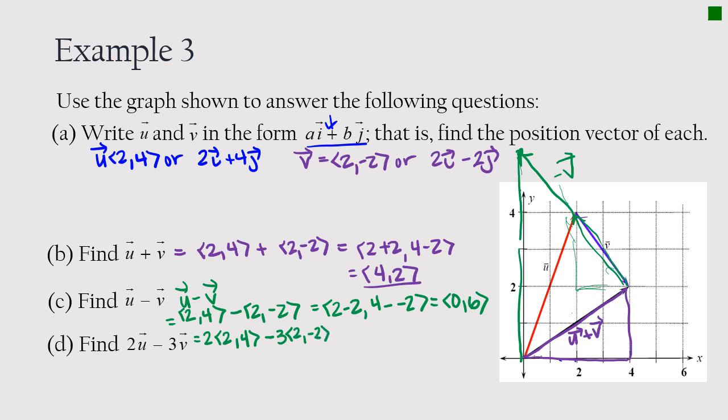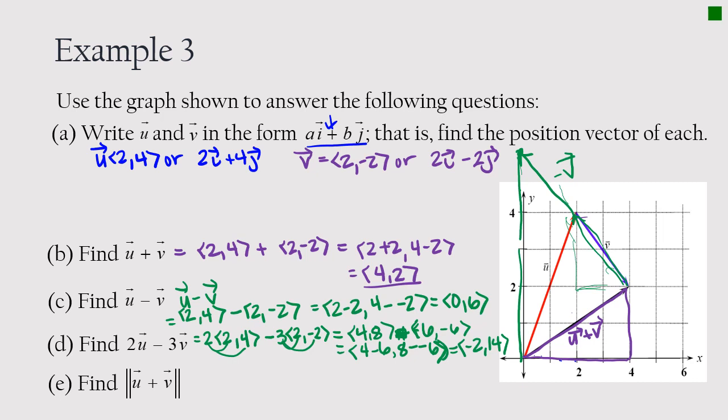Okay, so that's going to end up giving us 4, 8, because 2 times 2 is 4, 2 times 4 is 8, minus 6 and negative 6. So that's going to be 4 minus 6, and 8 minus a negative 6, which gives us negative 2, 14.